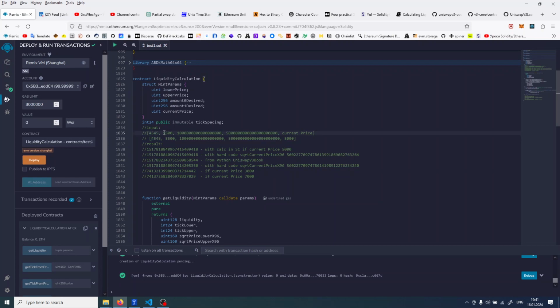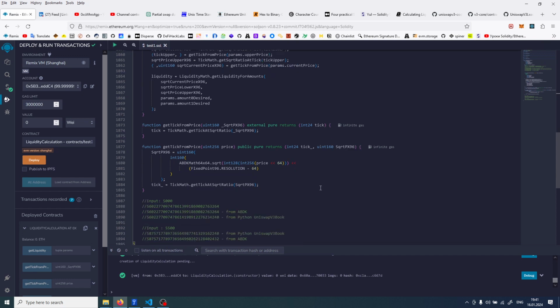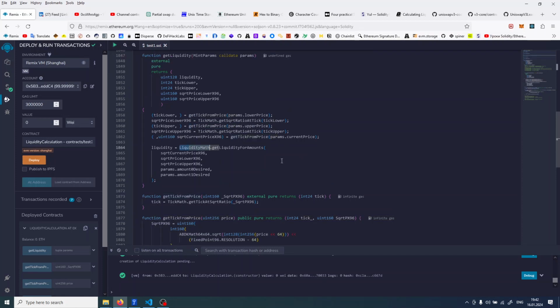I create a conversion from price to tick, and from tick inside the function we retrieve the price again and use it in our liquidity math library, because math accepts prices.